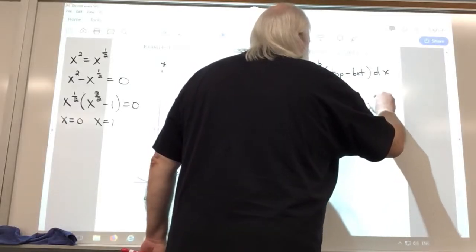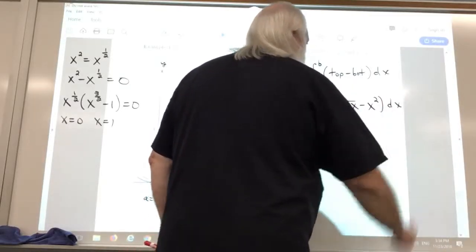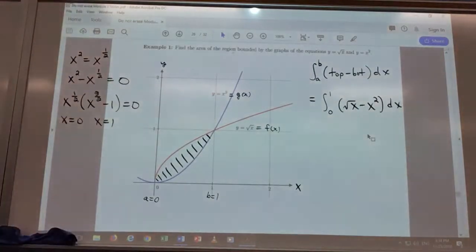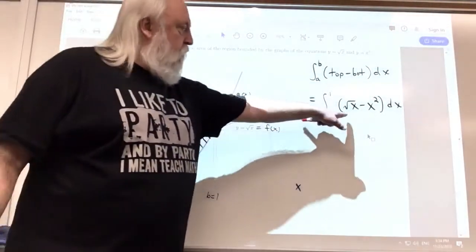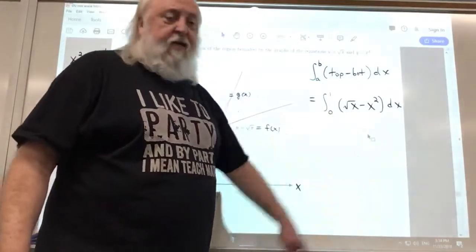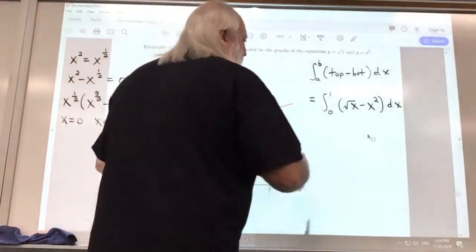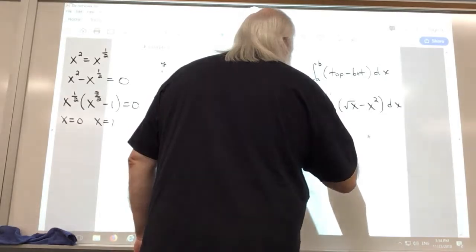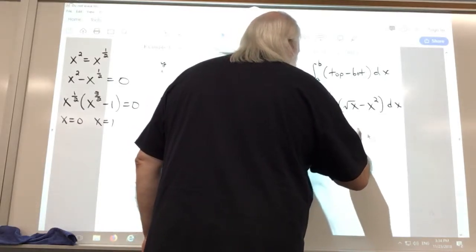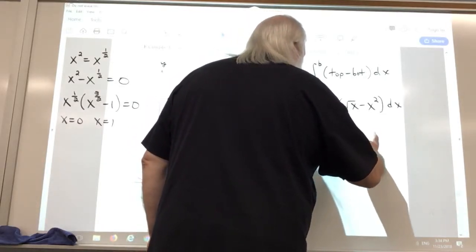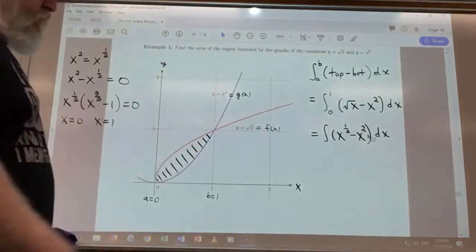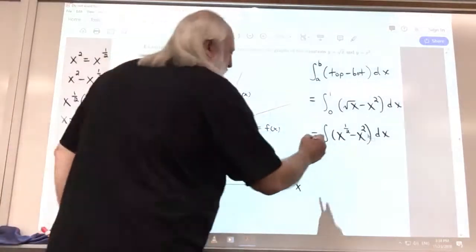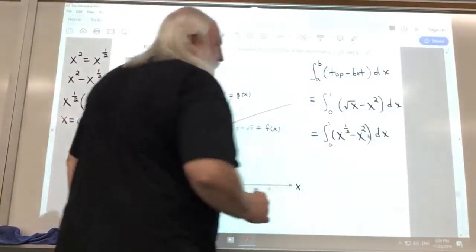The bottom function is x squared. Now we can use the difference rule of integration to find this antiderivative. You have to write square root of x as x to the 1/2. And the limits of integration are 0 and 1.